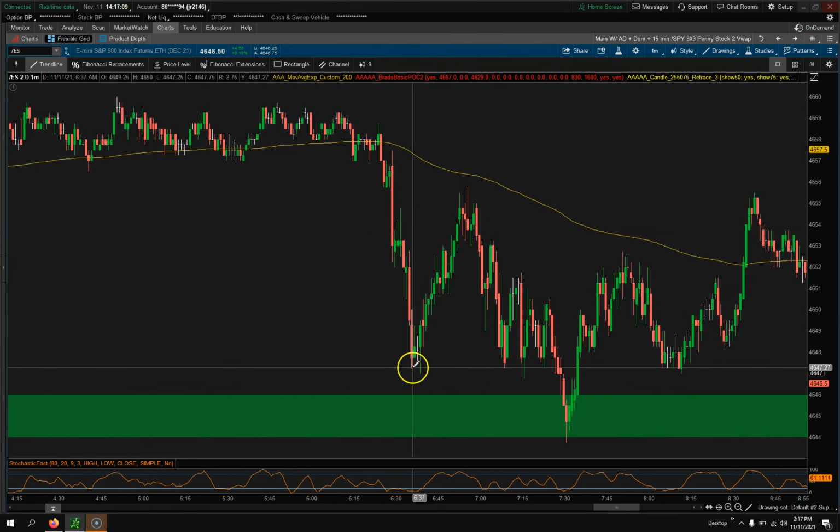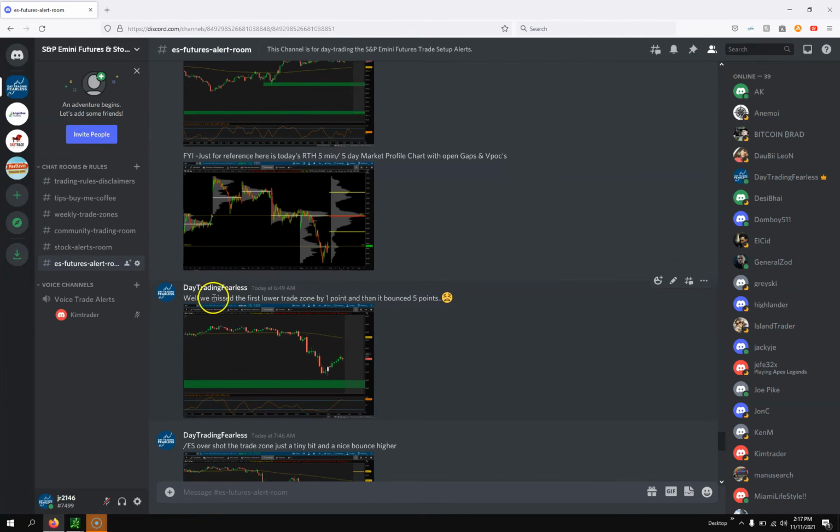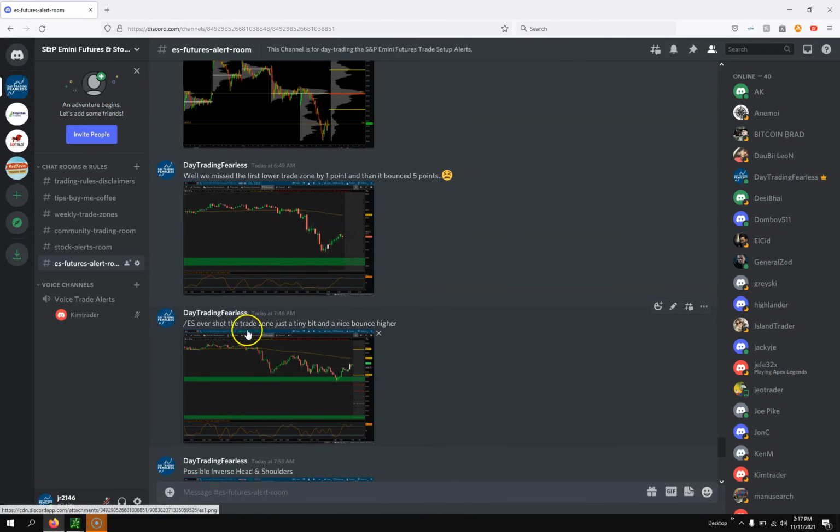We came, nice push right down into it, and we missed this zone by 1 point. Okay, me personally, and I even said it, I go, hey, just where was it? Well, we missed that first trade by 1 point, and then it bounced 5 points, right? And then the second one was ES overshot the trade zone just by a tiny bit and bounced higher.